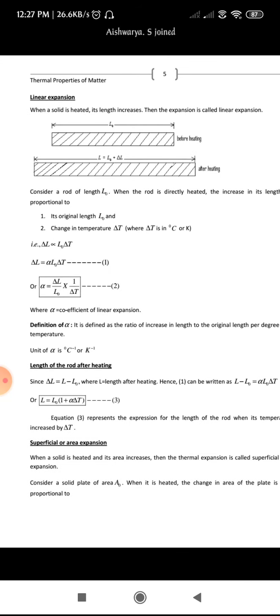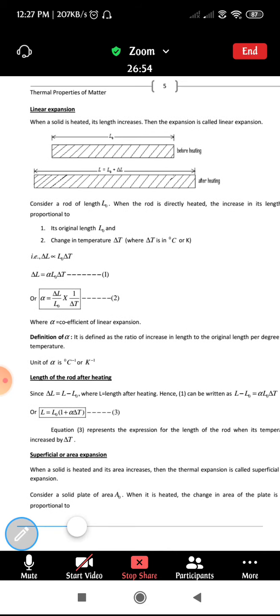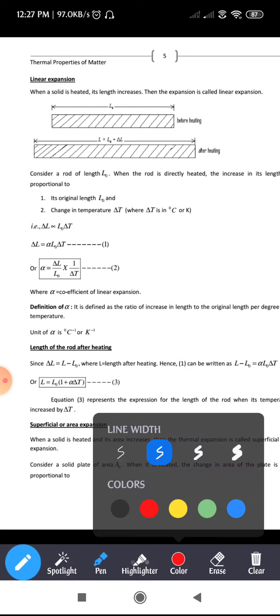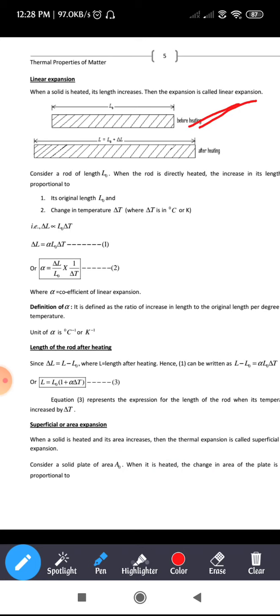In the first figure, the length of the solid is denoted by the letter L naught, the length before heating. Next, say you are heating that solid.